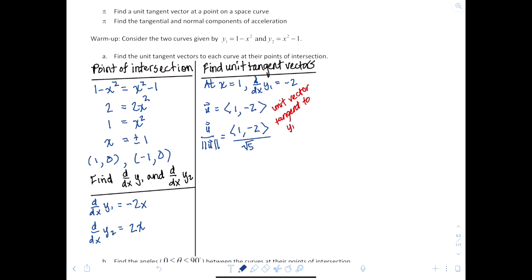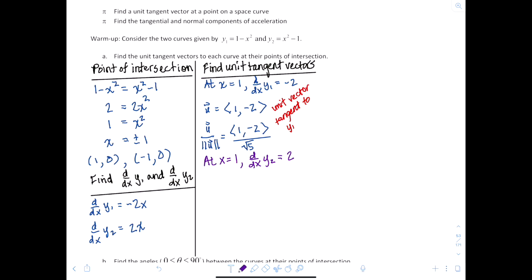Now, continuing with the same point, 1, 0, when x equals 1, let me change colors here. So again, at x equal to 1, we're now going to take a look at d dx of y2, and that would end up being positive 2 times 1, which is 2.